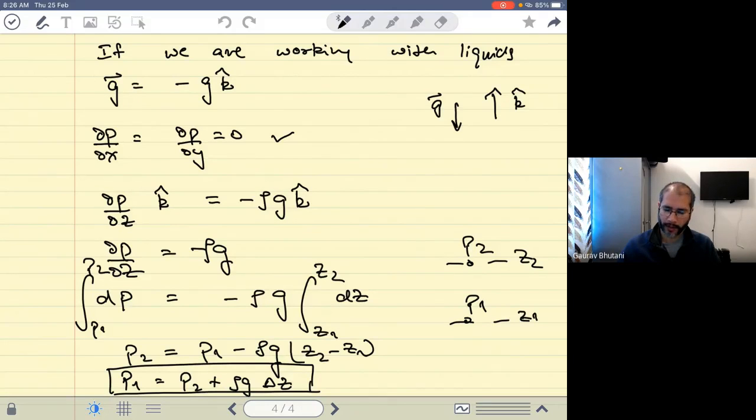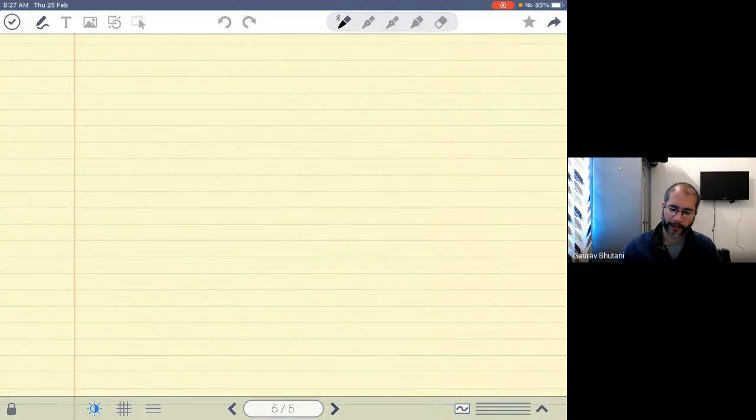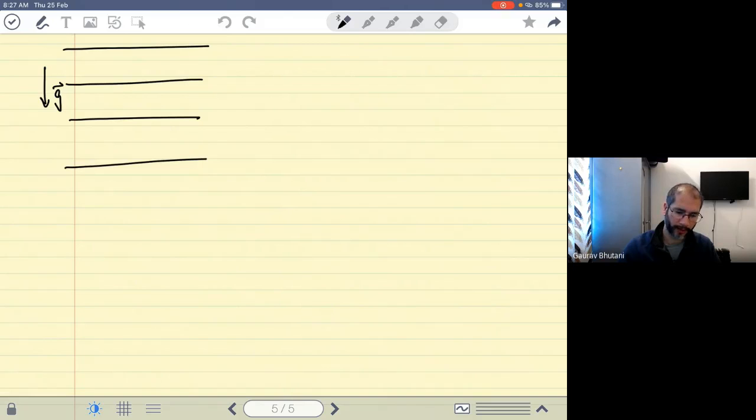Any questions? Okay, so let us move on. Now in this Earth's gravitational field, if I had to draw the isobars, since I know that the gravity is in this direction, then the pressure isobars have to be perpendicular to this, because the direction of gravity is the same as the direction of minus grad P. So I will get my isobars in this direction.